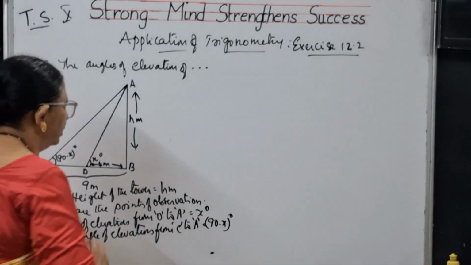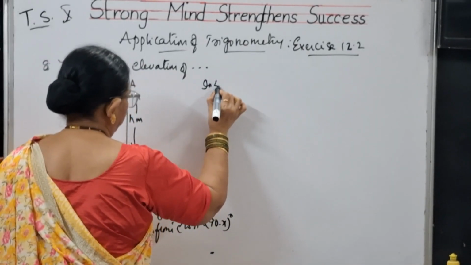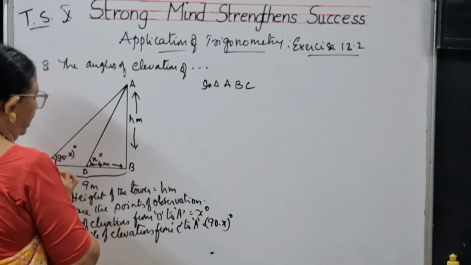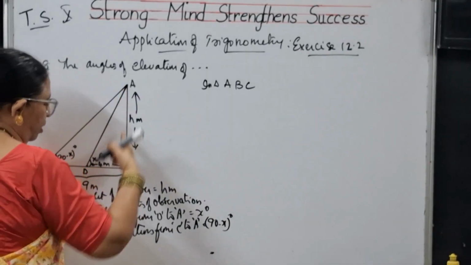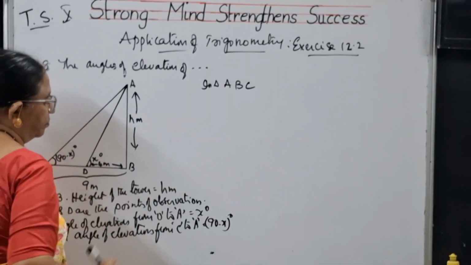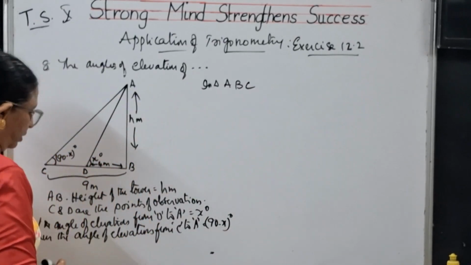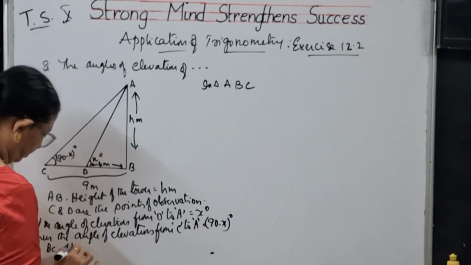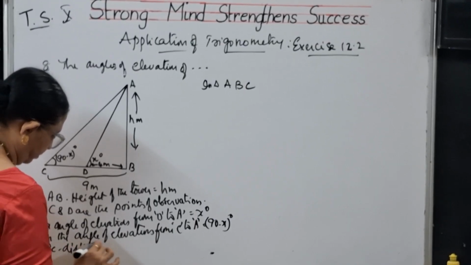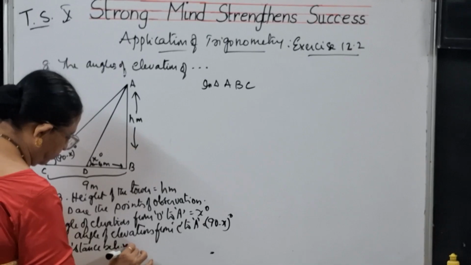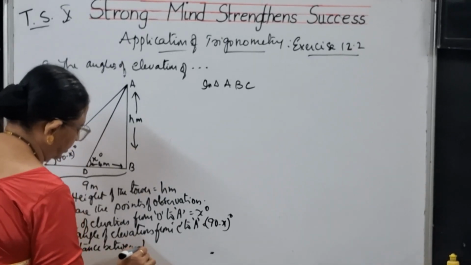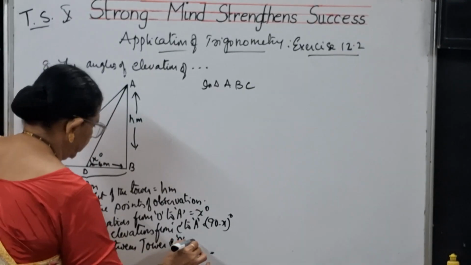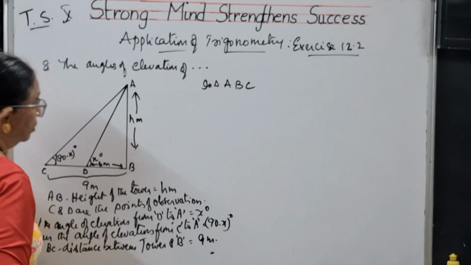Now let us take the triangle. In triangle ABC, see the opposite side and adjacent side. Here I forgot to write BC, the distance between the tower and B, which is equal to 9 meters.